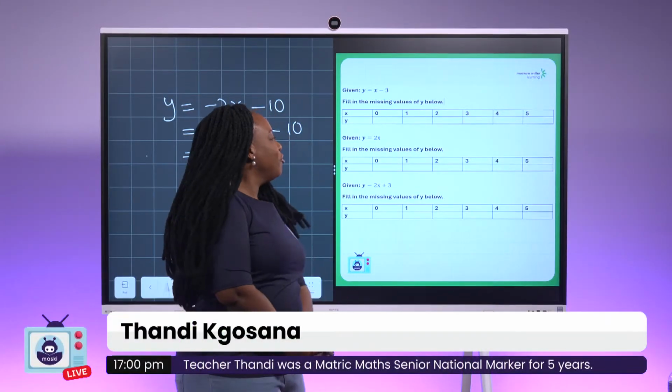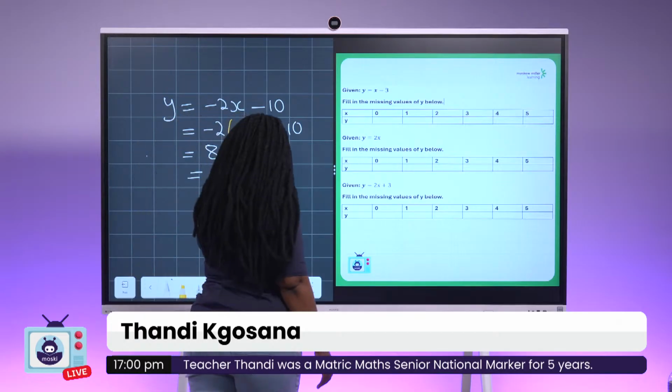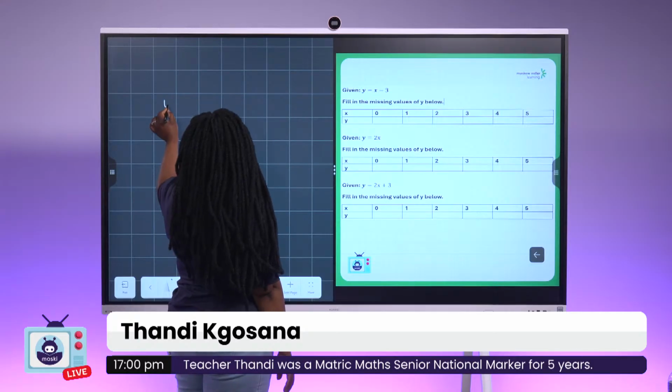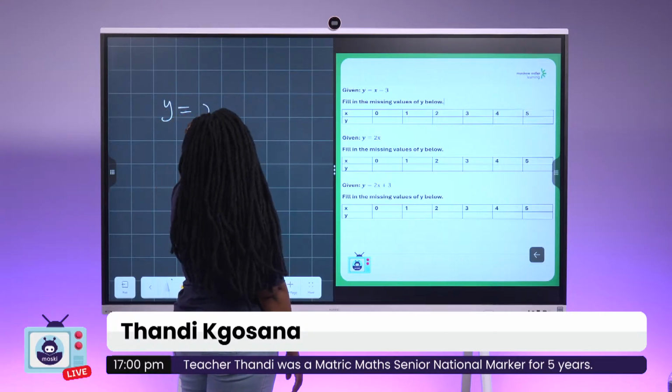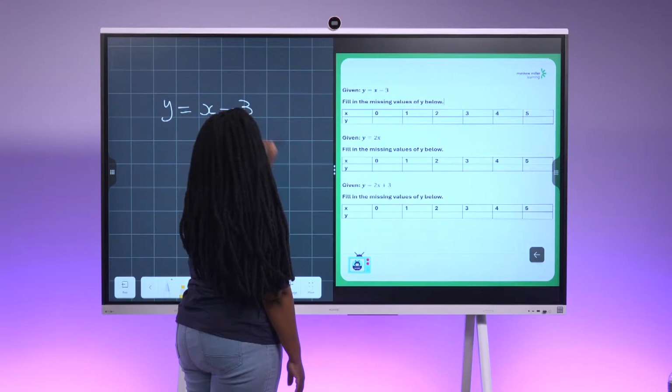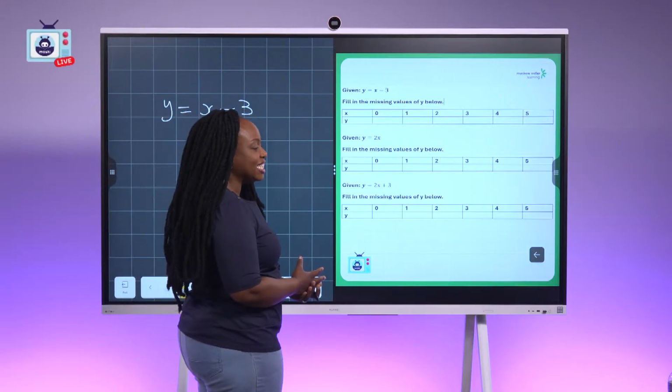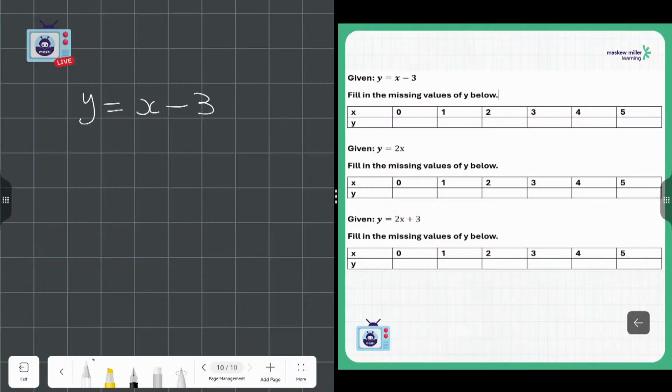Okay, I hope everyone has got that and we are ready to roll. The first equation we are given is y equals x minus 3. I hope many of you have put the answers there. The first one, I'm given x to be 0.